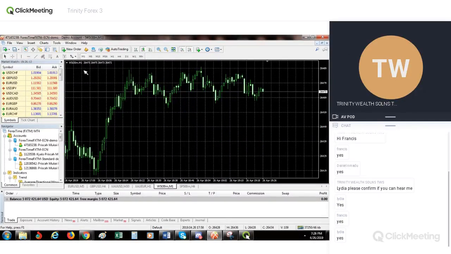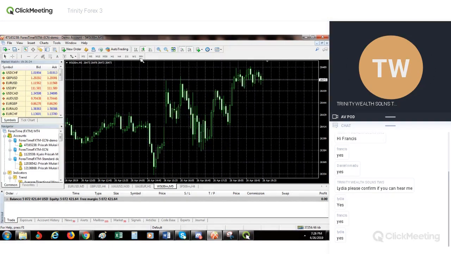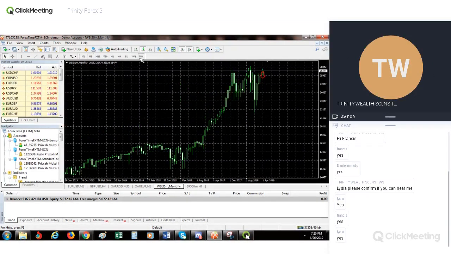When that minute lapses, that candle closes. So this is a 1 minute time frame chart, and you can change it as you wish. Next, we have M5, the 5 minute candlestick. M15, just like that. We have time frames up to 1 month, so you select the time frame you're comfortable with.